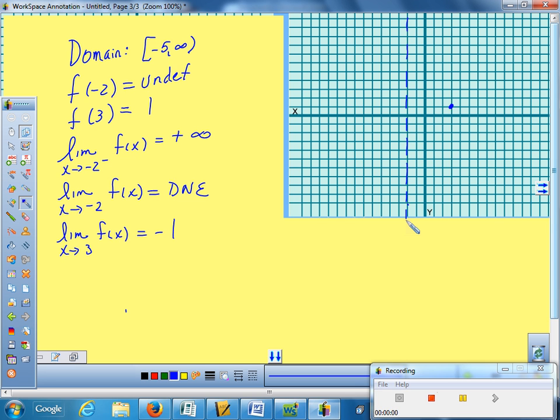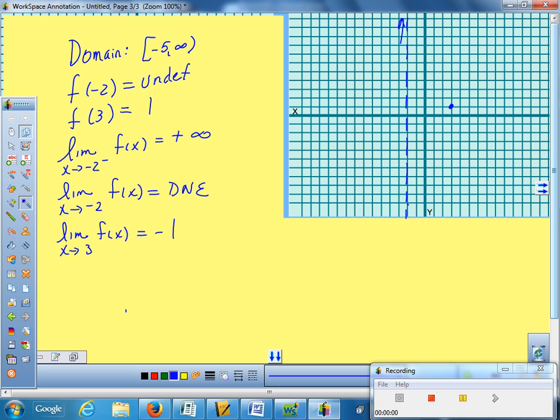Which side is going up the asymptote? Do I know that both sides of that asymptote go toward positive infinity, or just one side? The left side, this is -2 from the left, so we know the left side is going up the asymptote. The right side could be doing who knows what. They didn't dictate to us, so we'll actually get to pick here in a minute.